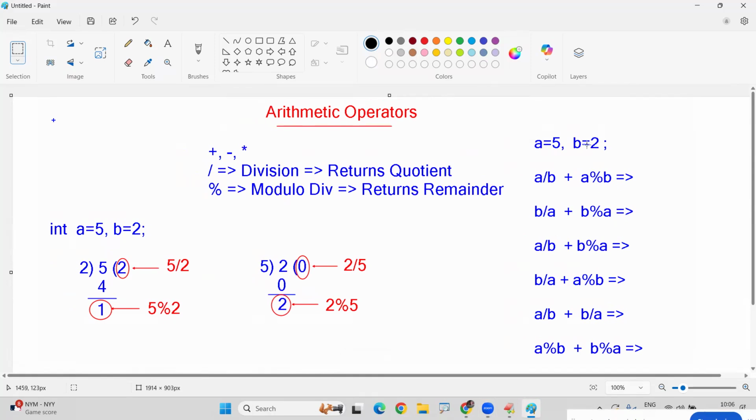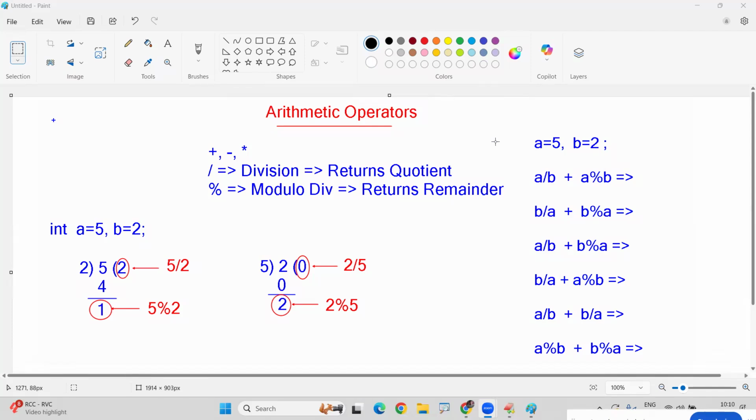So based on A and B values, of course, whatever operations I'm asking here, I clearly explained. Please write the outputs for all these 6, everyone. Please note down all this. Hope you noted down. Those you just try.